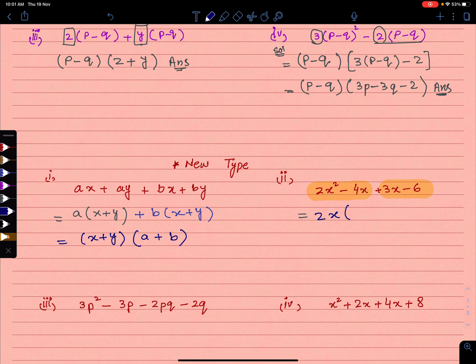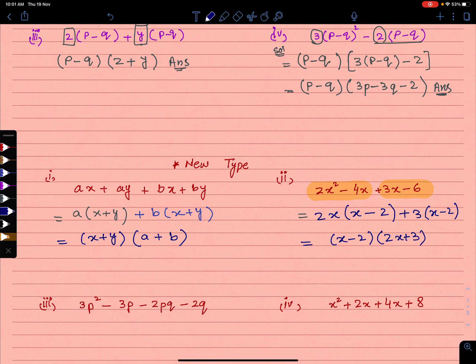So right bracket, when we divide 2 with 2, we have 1, and x with x square, it will be just only x, minus x and x cancel, and 2 divided by 4, it would become just only 2. So plus the second, there is only 3 common, and this would be also x minus 2. So x minus 2 common, and then we will write just only 2x plus 3.